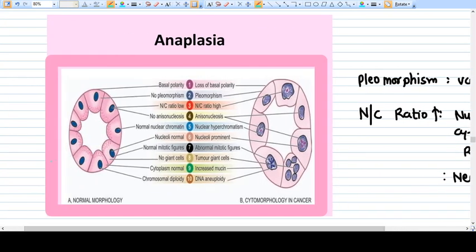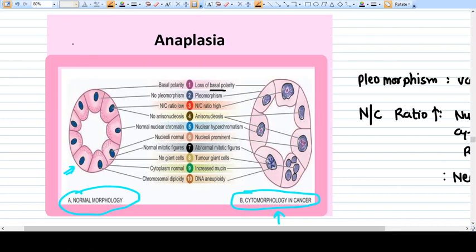So this is the normal structure of our body, and this is the conversion of this normal structure into neoplasia. So you can identify the difference between them. There is a loss of basal polarity. What is basal polarity?